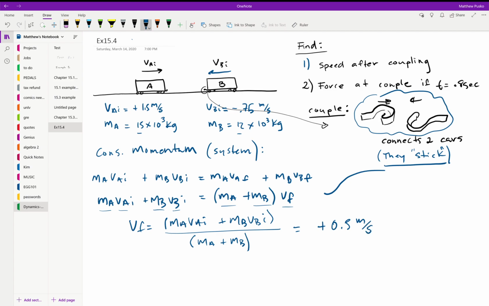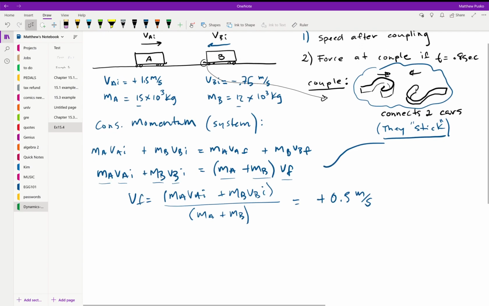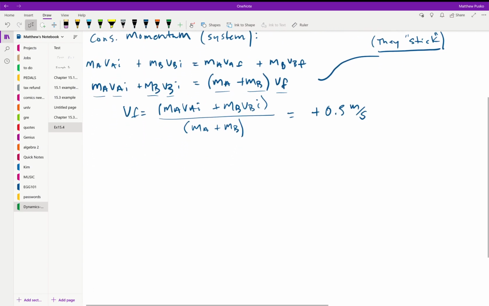Alright, so we can also conserve momentum in the x and y directions on these problems. Let's take a look at what we can figure out if we do so.